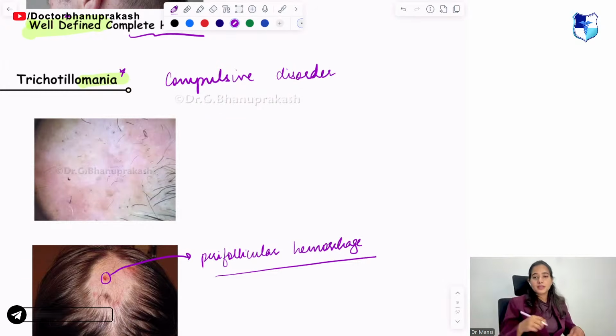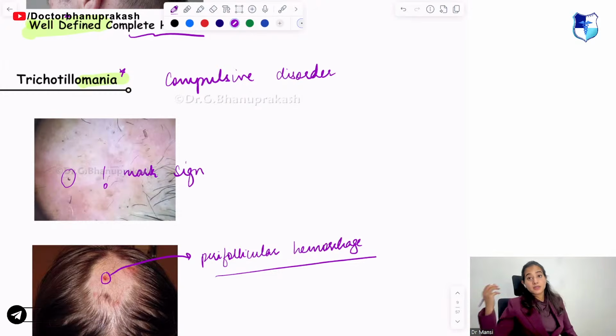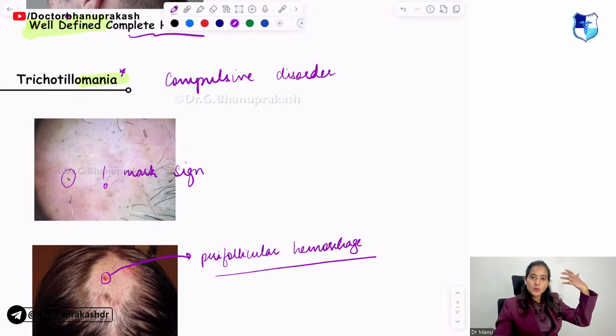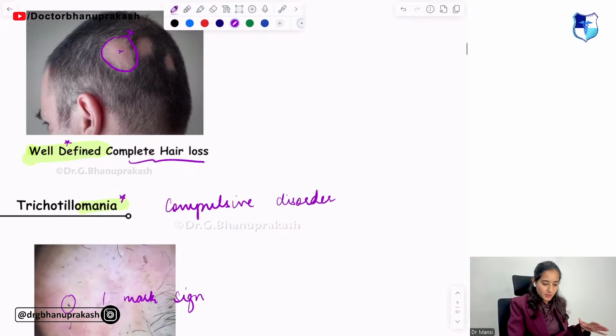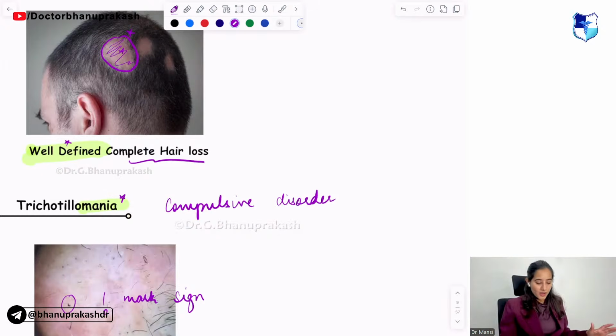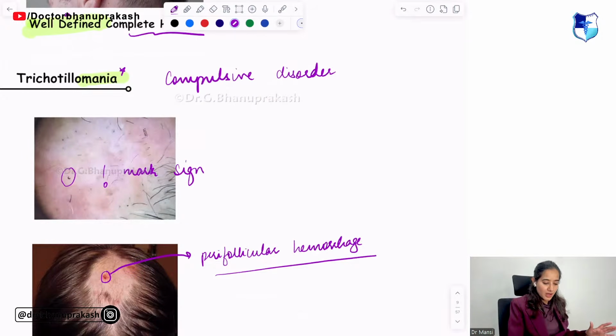And then when you pluck, sometimes half of the hair is plucked. That gives you the exclamation mark sign which can be seen. Now, when someone is plucking, it's not necessary that the whole area's hair is plucked. That is how you can differentiate it from alopecia areata, where the whole area has no hair, but in trichotillomania there are hairs present in between.